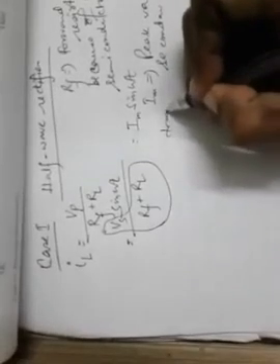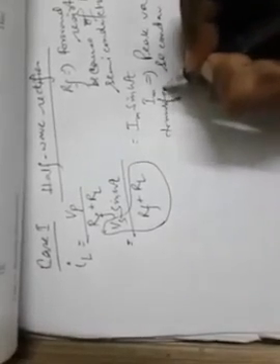Im is the peak value of the transformer secondary current, or input current.